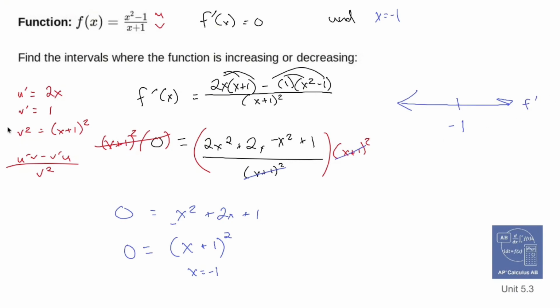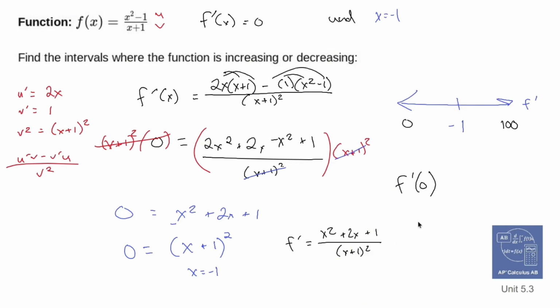So f prime, I could choose numbers like 0 and 100 and plug them into f prime. Let me just rewrite out f prime. F prime in its cleanest form was x squared plus 2x plus 1 over x plus 1 squared.